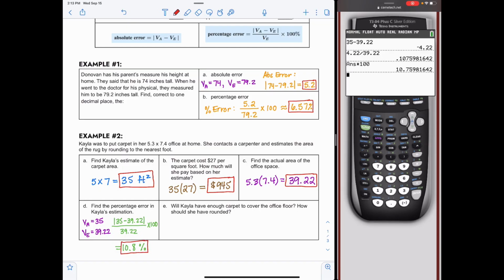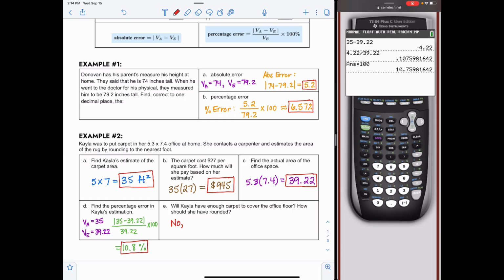So part E says, will Kayla have enough carpet to cover the office floor? How could she have rounded? We already know she rounded and estimated that she only needed 35 square feet for the area of her carpet, but she actually needed 39.22 square feet. So we already know she does not have enough carpet to cover the office floor.